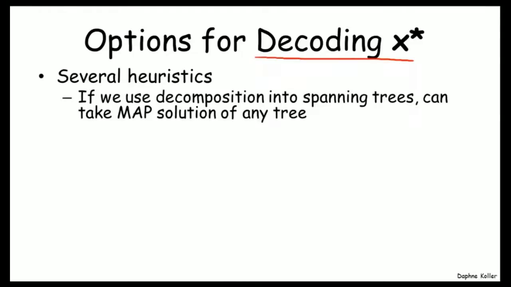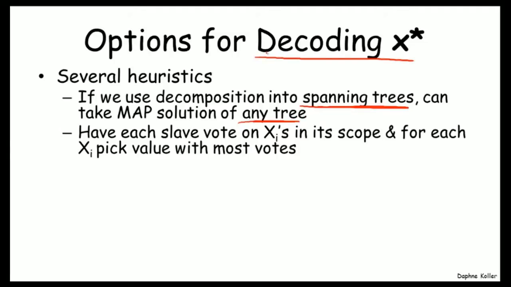So, for example, if we use a decomposition of the original problem into spanning trees, then each of the spanning trees covers all of the variables, so we can take the MAP solution of any individual tree and say that that is an assignment to all of the variables. So that's one approach.